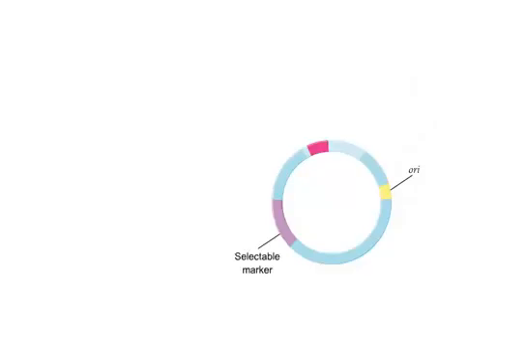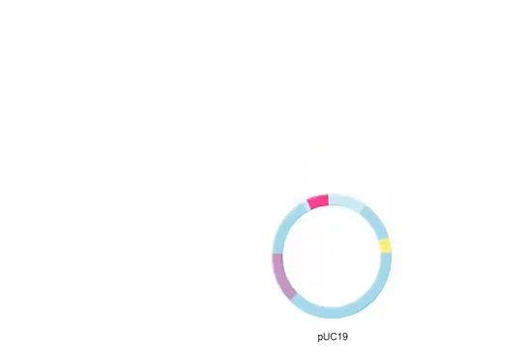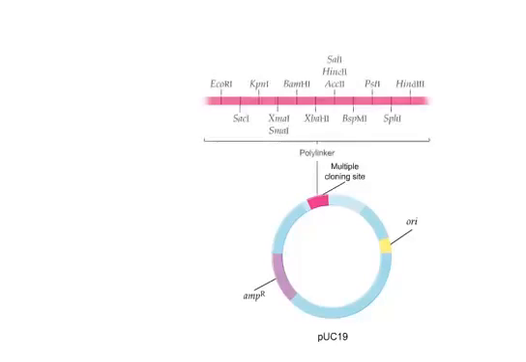The third feature plasmids must have is a multiple cloning site. This is a cluster of unique restriction enzyme cleavage sites for a number of enzymes. One plasmid vector often used for cloning is pUC19. It has an origin of replication, an ampicillin-resistant selectable marker, and a multiple cloning site for more than a dozen restriction enzymes.